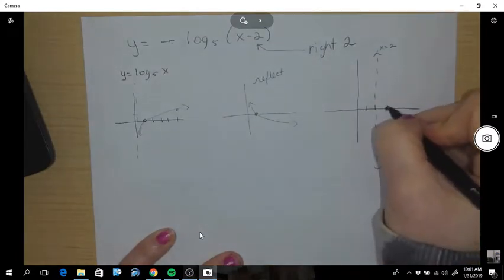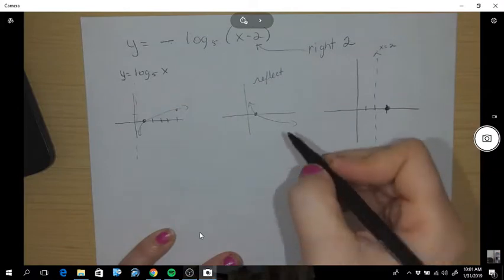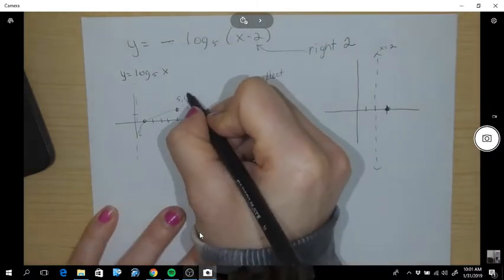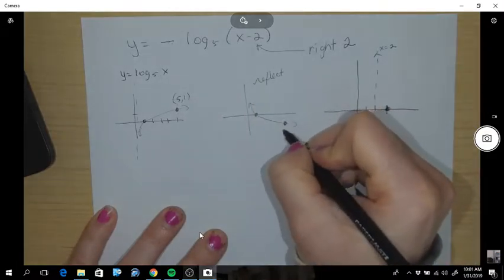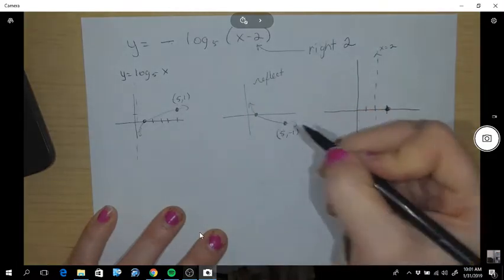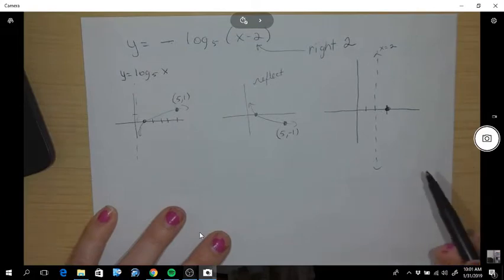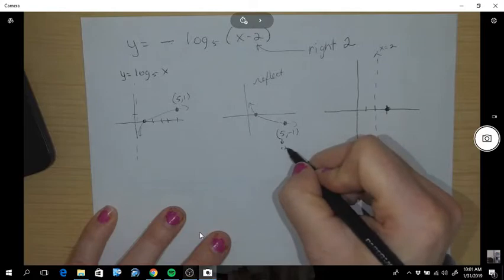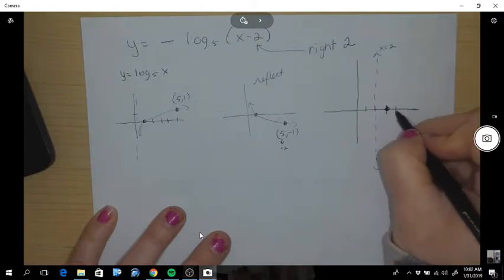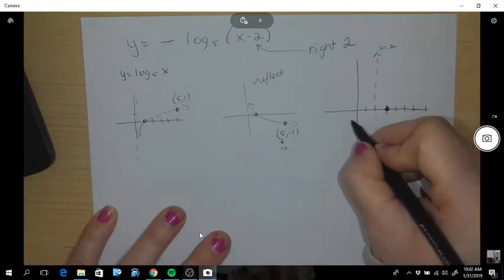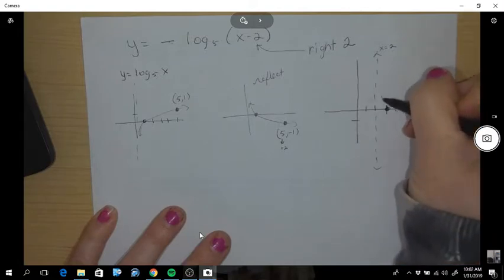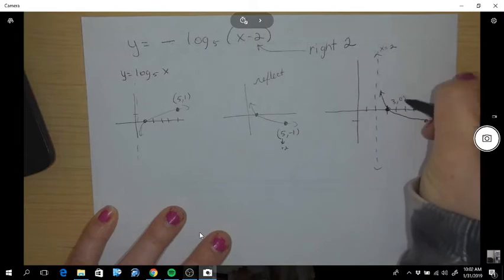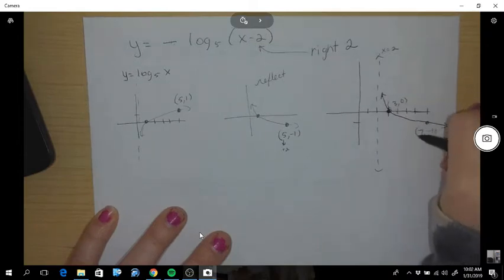Now it's going to be (3, 0). Okay, and then this point was (5, 1), and now it became (5, negative 1), and then it moved right 2. So it's going to become (7, negative 1). So we have (3, 0) and (7, negative 1) as our new points.